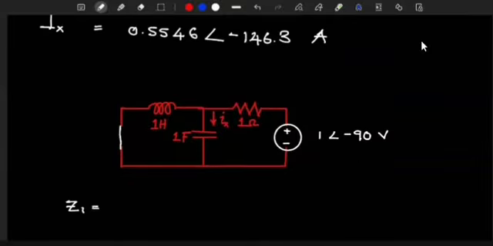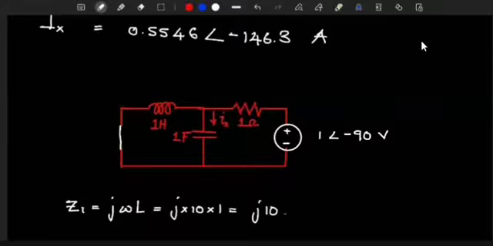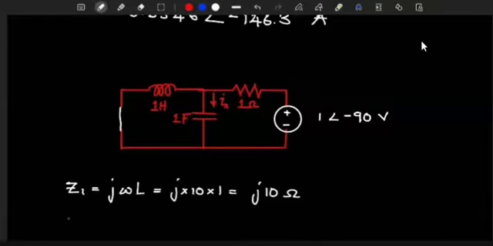For the inductor, we have j omega L. For this one, the angular frequency is 10, remember. So this will be j times 10 times 1, giving us j10 ohms. Yes, this is j10.